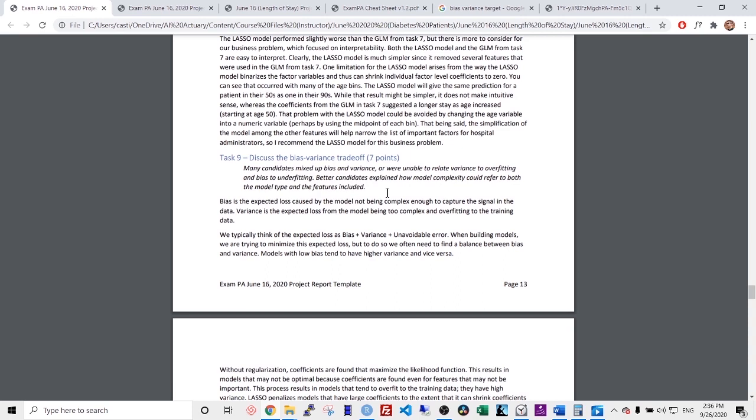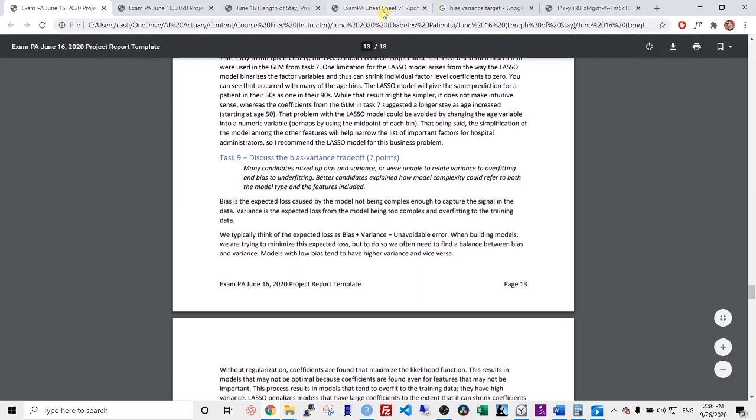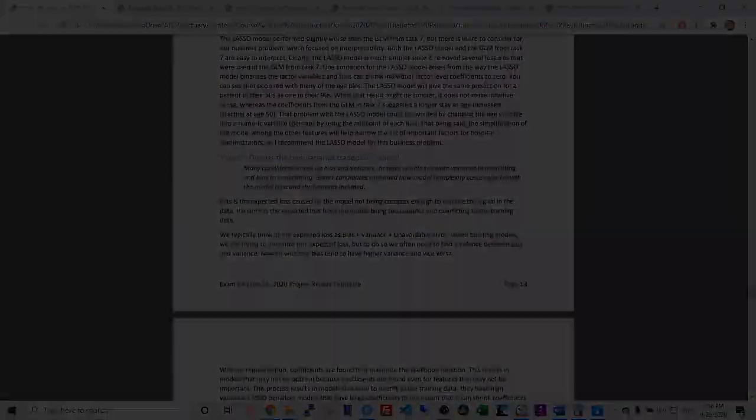So better candidates explained how model complexity could refer to both the model type and the features included. So again, this goes back to the cheat sheet, which shows that table of the different models and their complexity.